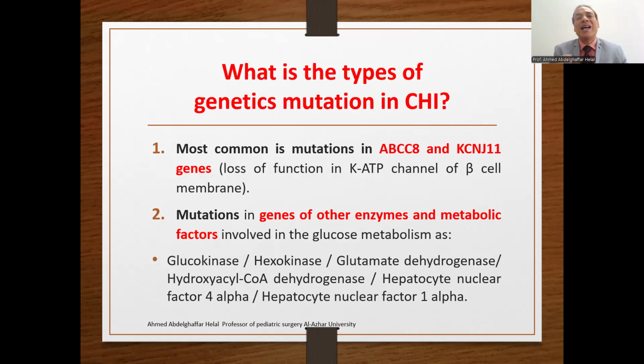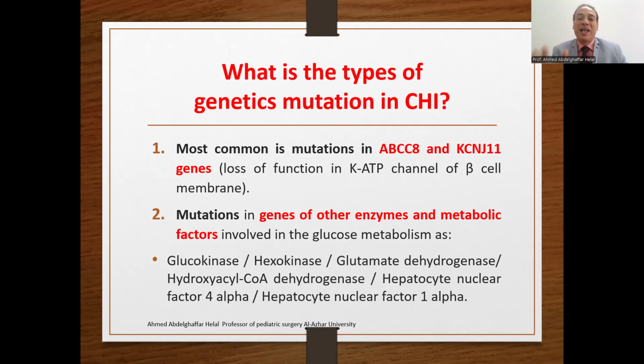Maybe mutations in other genes and other enzymes and metabolic factors involved in glucose metabolism. There are abnormalities in glucokinase, hexokinase, glutamate dehydrogenase, hydroxyacyl-CoA dehydrogenase, hepatocyte nuclear factor 1 alpha. So the gate may be normal, however the mutation affects other steps in glucose metabolism and the enzymes involved in it.